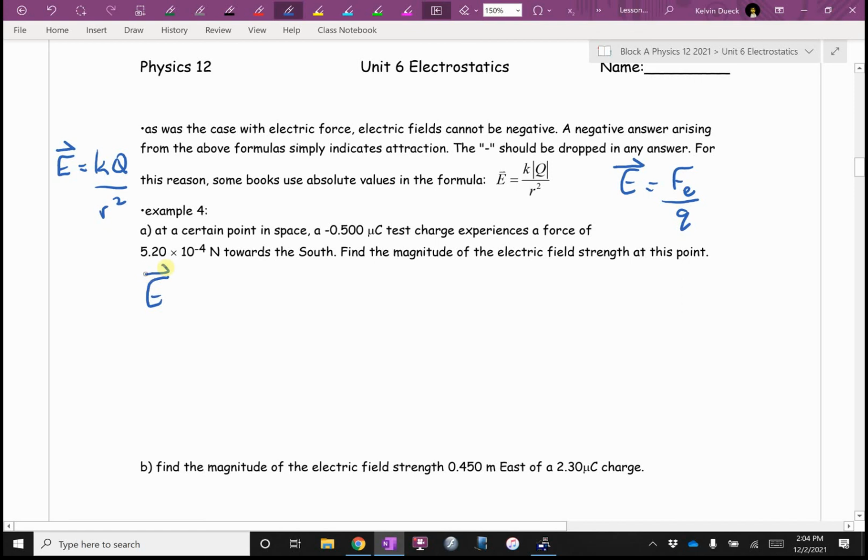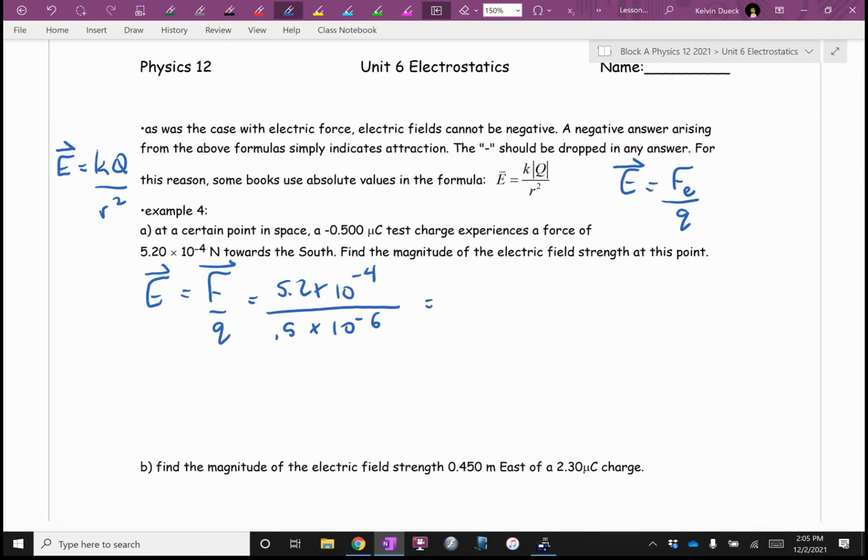The electric field is going to be F over q, and this is how you can figure out which one you're going to use. It's going to be 5.2 times 10 to the negative 4 divided by 0.5. We don't put the negative in. And then micro is just times 10 to the negative 6. I can probably do this in my head. 10.4, where do the zeros end up?